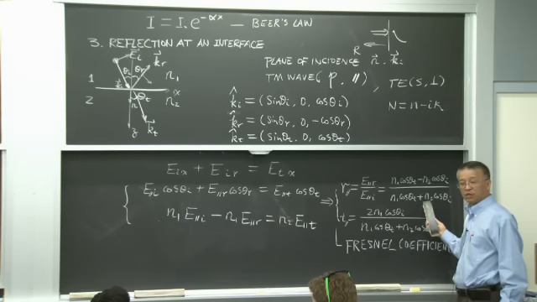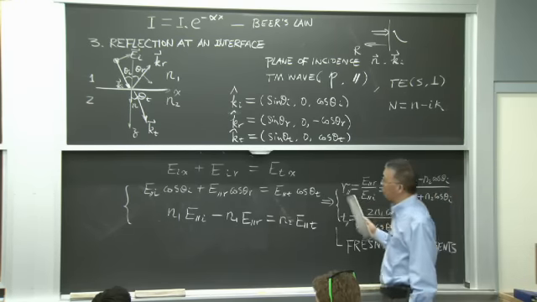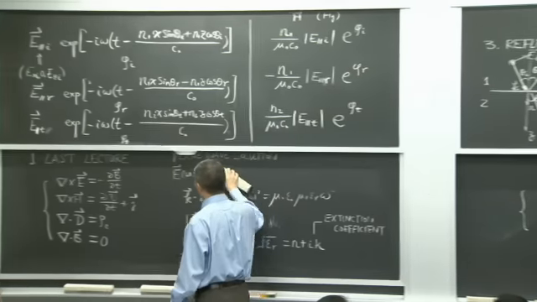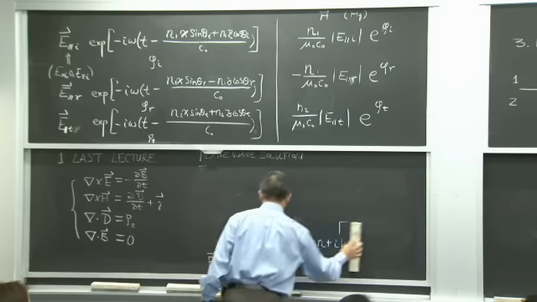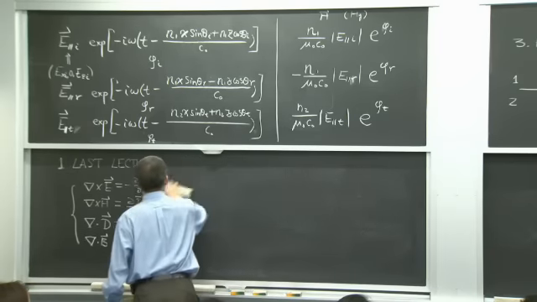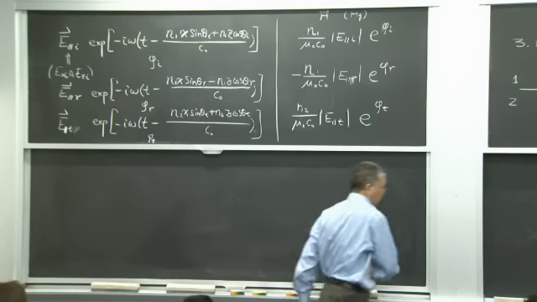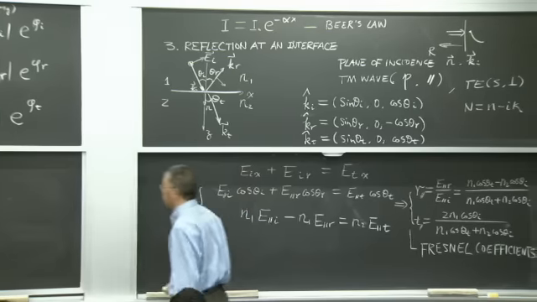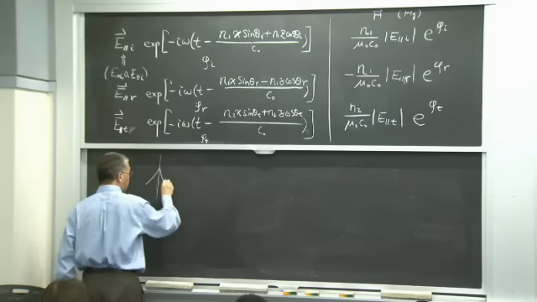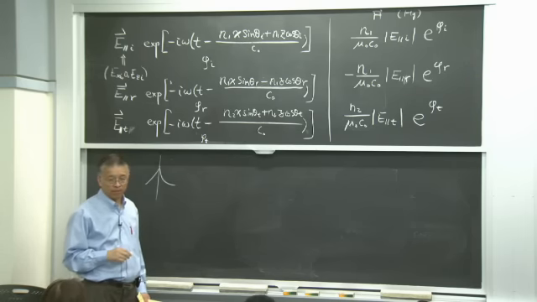It just means that no wave can come in and couple to the surface. So in that case, what it has is a surface wave, and the wave decays exponentially from both sides of the surface.